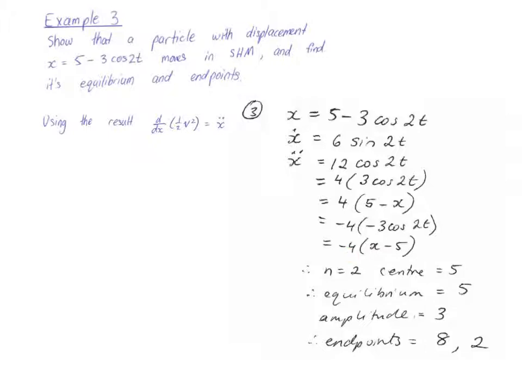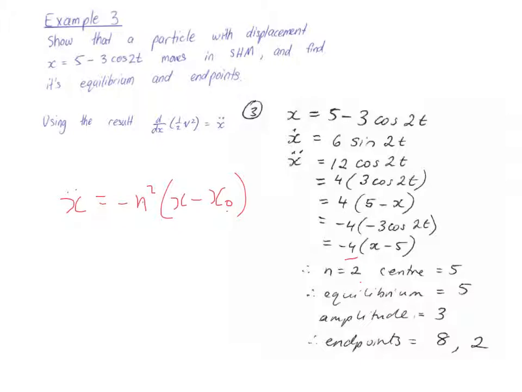I remember the equation was acceleration equals -n squared (x minus x0). So you can see the n squared is 4, so n must be 2, and the centre of motion x0 is 5. So the equilibrium point is 5, and also the amplitude is 3.